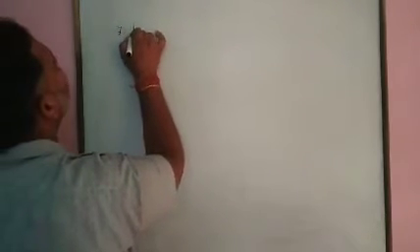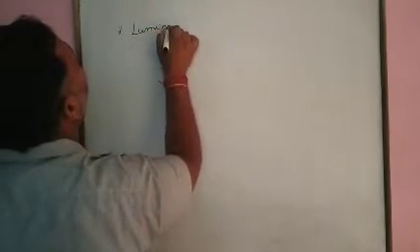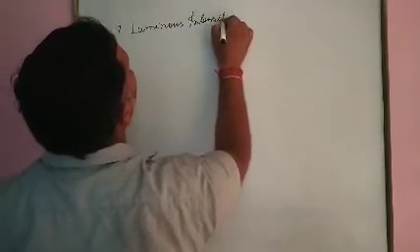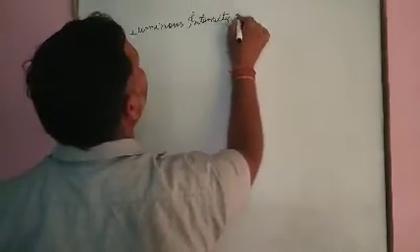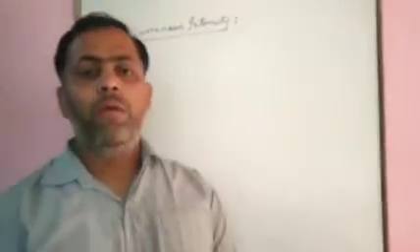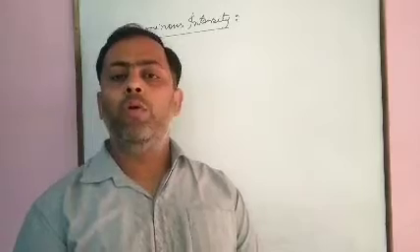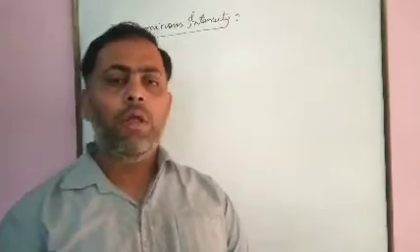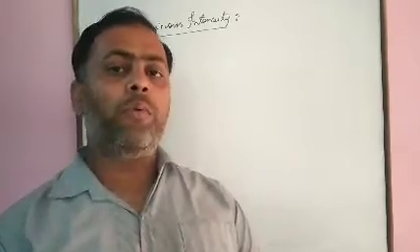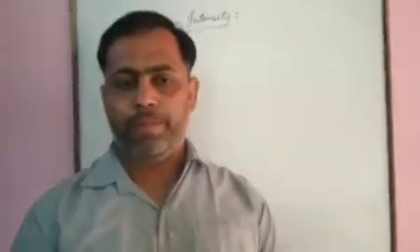Let us discuss the last SI base unit, that is luminous intensity. In order to define luminous intensity, we should have a monochromatic radiation. You know, monochromatic radiation means a radiation that is composed of only a single wavelength.